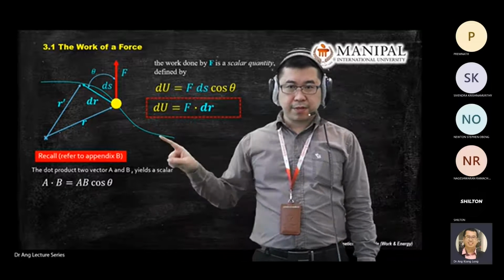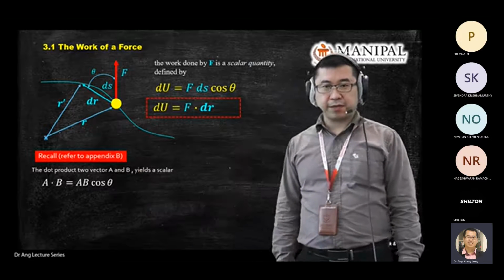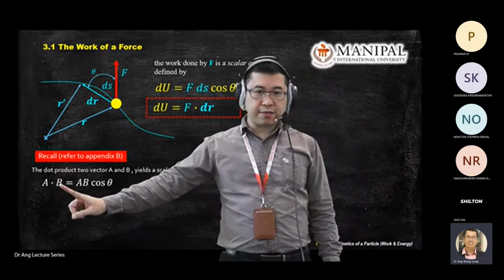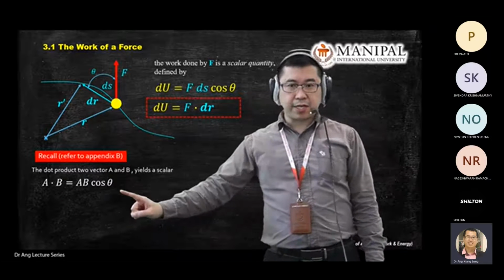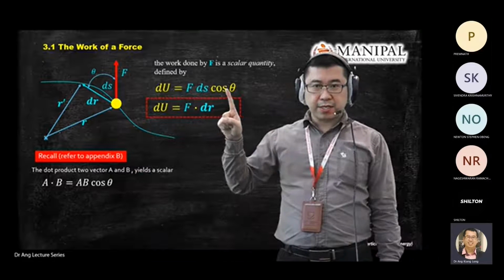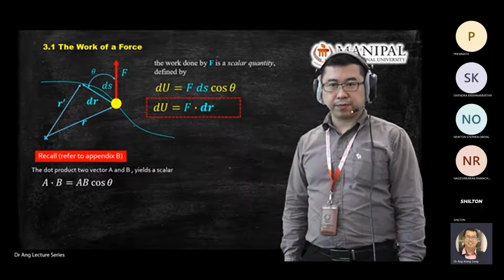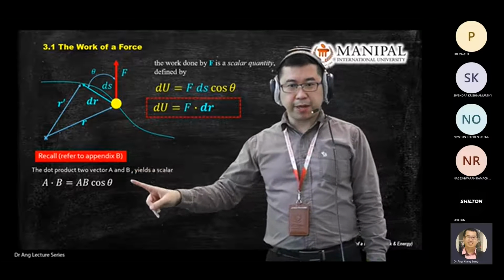Okay. Modification using this concept over here. This is a vector. This is a vector. So AB cos theta. So ds cos theta is your dr. Okay, this one falls under the vector mathematics chapter.